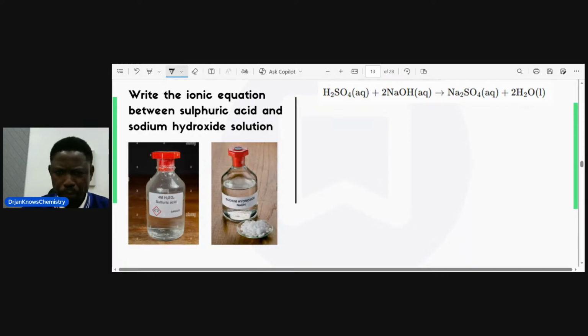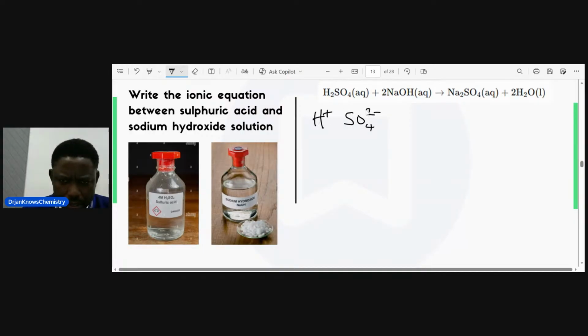So what made me give this as one of the examples? Because we have another substance that we don't usually split easily. So I'll do this with you. How do we form H2SO4, which is sulfuric acid? We form it from the hydrogen ion and the SO4 ion.